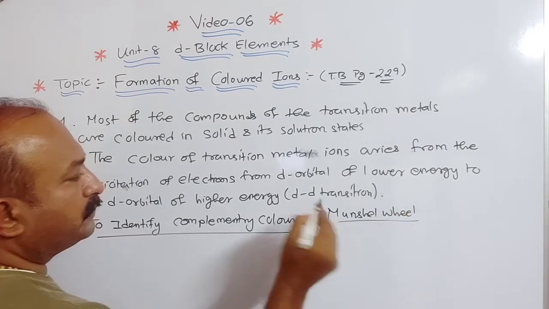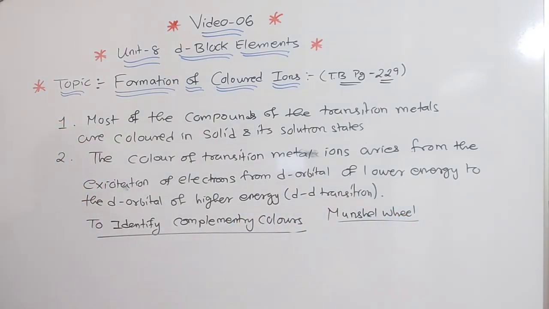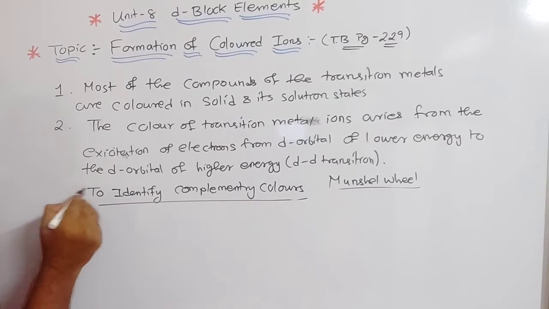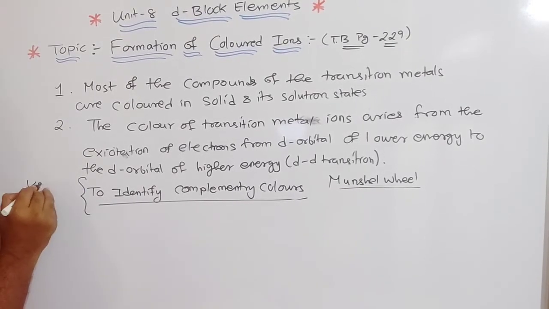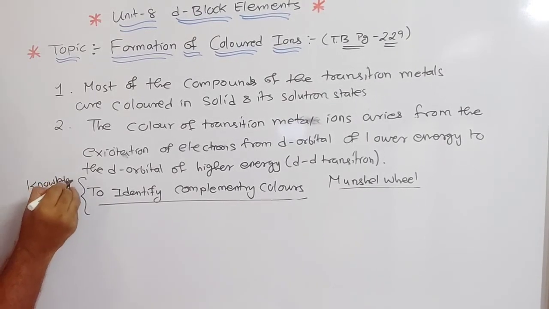It is not there in your textbook, but I have explained this just for your knowledge. If you want, you can write it somewhere, it will be helpful. So, the Munsell wheel is there.